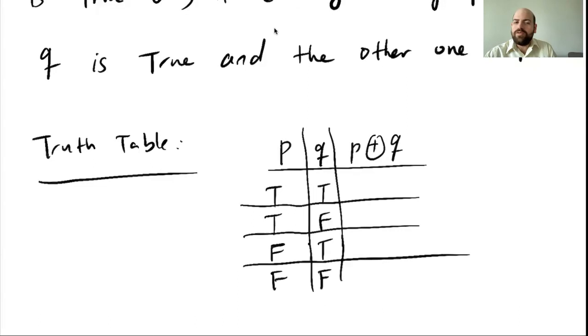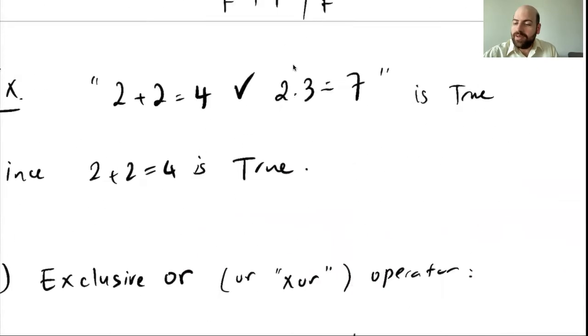If both of them are true, P XOR Q will be false. So let's compare it with the previous case.